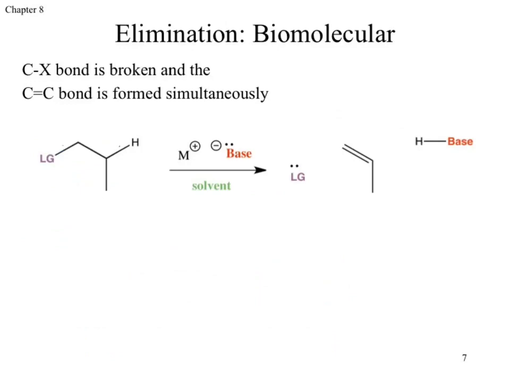Because we're doing this all at the same time, we take the exact same arrows that we used for the elimination, but now we put it all into a single step. The electrons in the bond go to the leaving group, and the electrons in the bond between our beta carbon and hydrogen move in to make the pi bond and force the leaving group to leave.